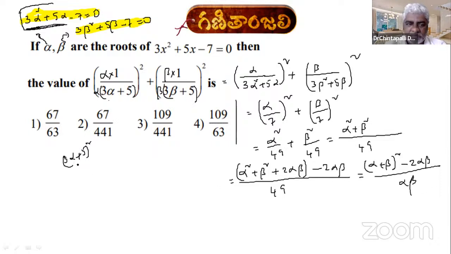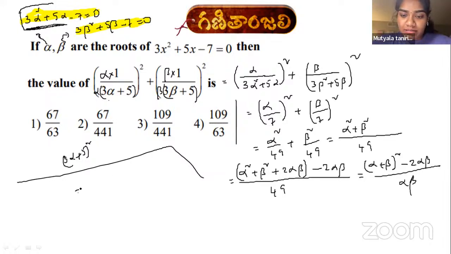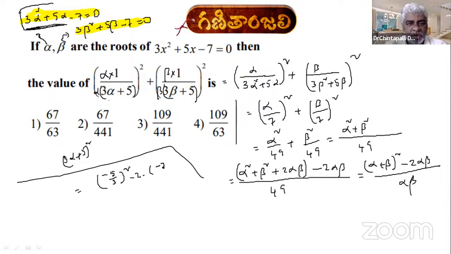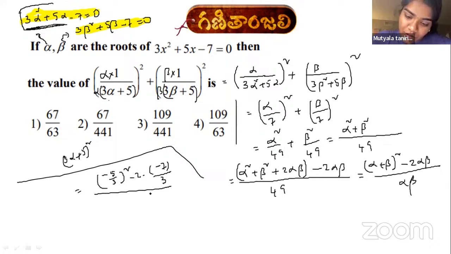Tell me, alpha plus beta? Negative 5 over 3. So negative 5 over 3 whole squared minus 2 times alpha beta, which is negative 7 over 3, whole by 49.